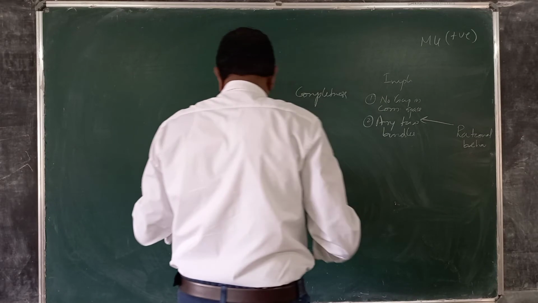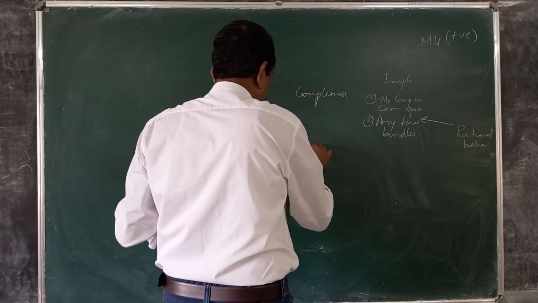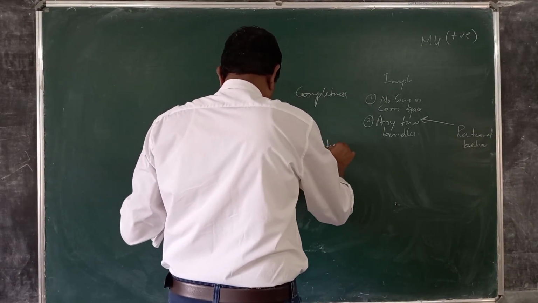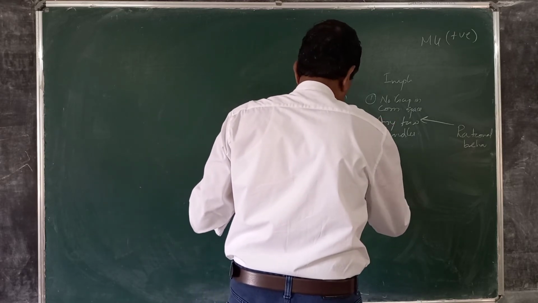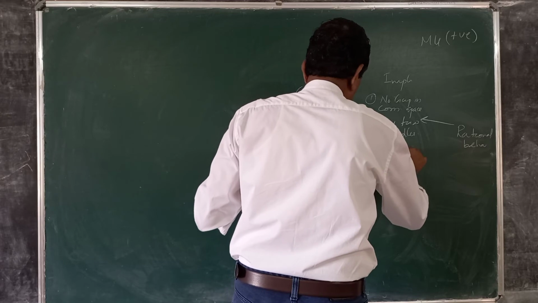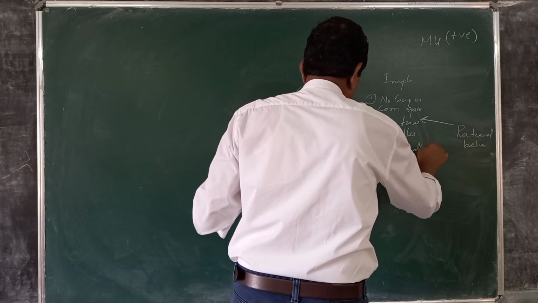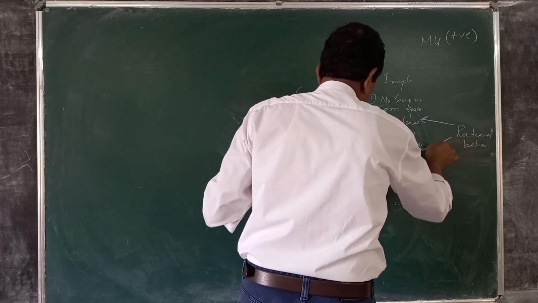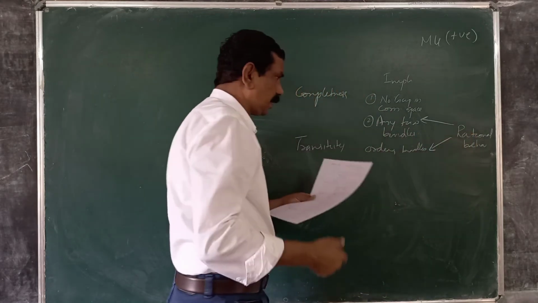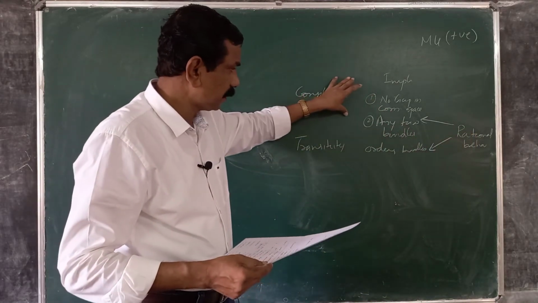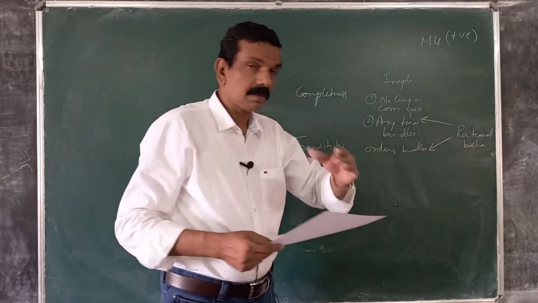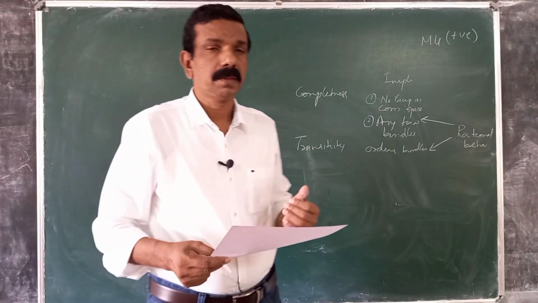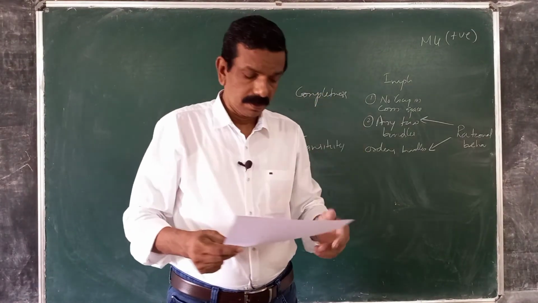The second one is transitivity. Its implication is that it orders bundles in terms of preferences. And we have defined rational behavior in terms of completeness and transitivity. Transitivity enables us to order bundles from the most preferred to the least preferred.